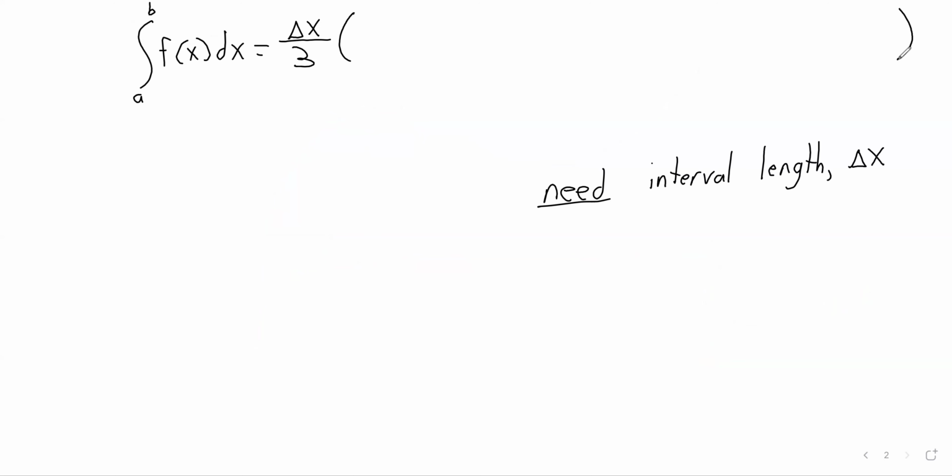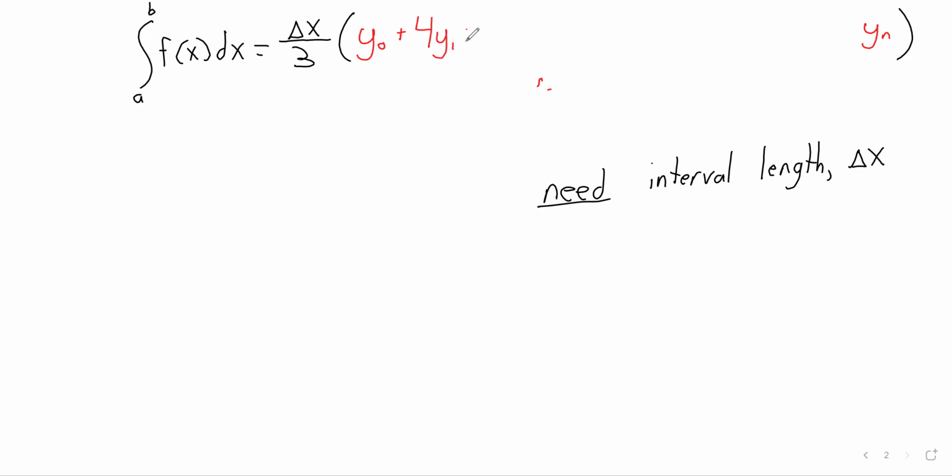And now inside the parentheses, we'll also have something that looks familiar from the trapezoidal rule, which is that we're going to have a bunch of terms added together, and the first term and the last term won't be multiplied by anything, but all of the other terms will be multiplied by something. With the trapezoidal rule, all of the other terms were always multiplied by 2.